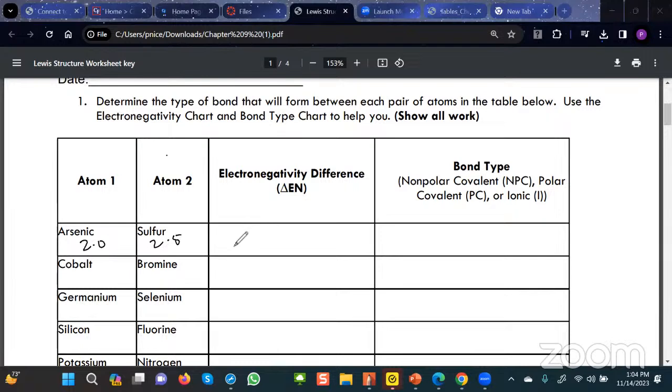So the difference between them is 2.5 minus 2.0, right? So that will be equal to 0.5. So what does that mean? What type of bond is it? Is it nonpolar covalent, polar covalent, or ionic? Polar covalent, so PC. And that's it. That's basically all you have to do to complete that table, right? Okay.